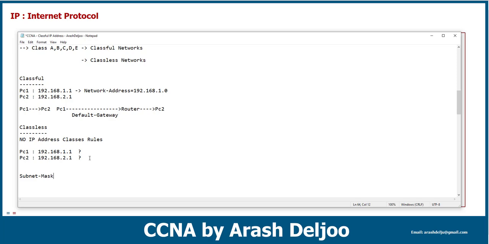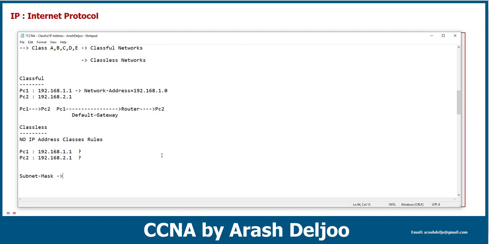Don't forget, it is so important for us to learn the subnet mask completely and efficiently, because you will use the subnet mask beside the IP address in all of the scenarios in this course. What is the function of the subnet mask?